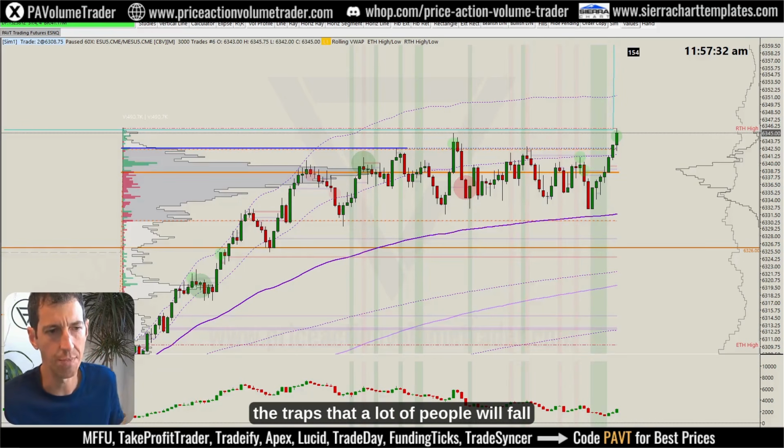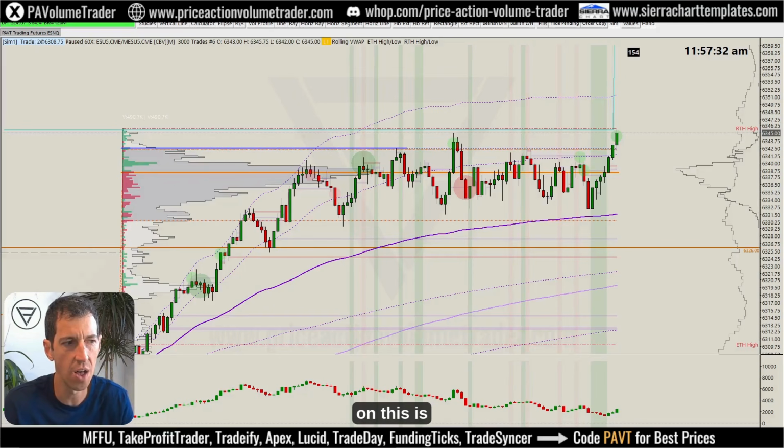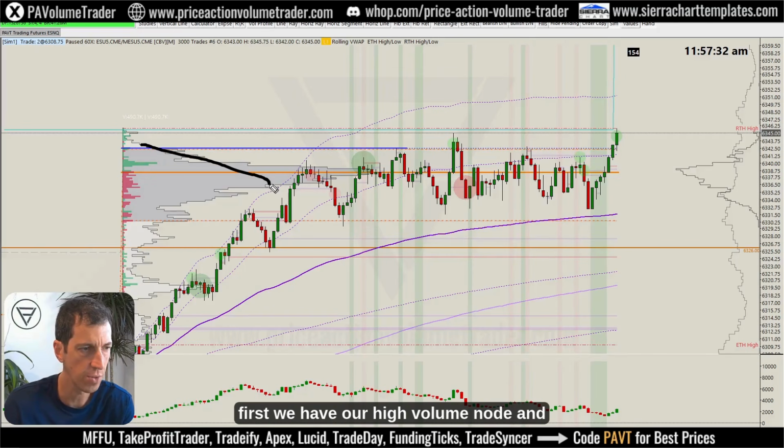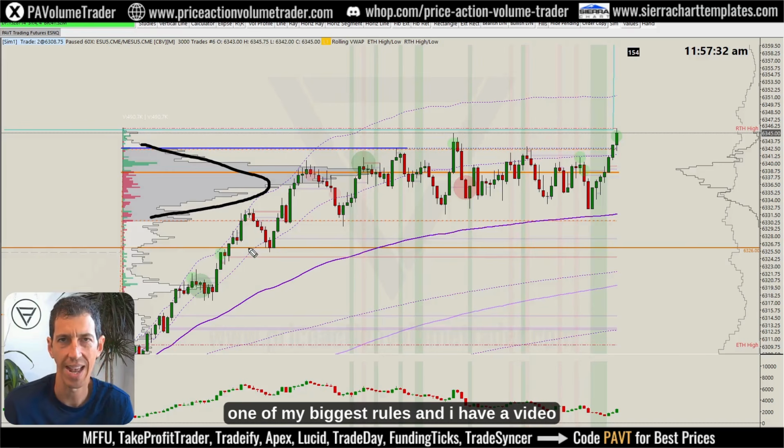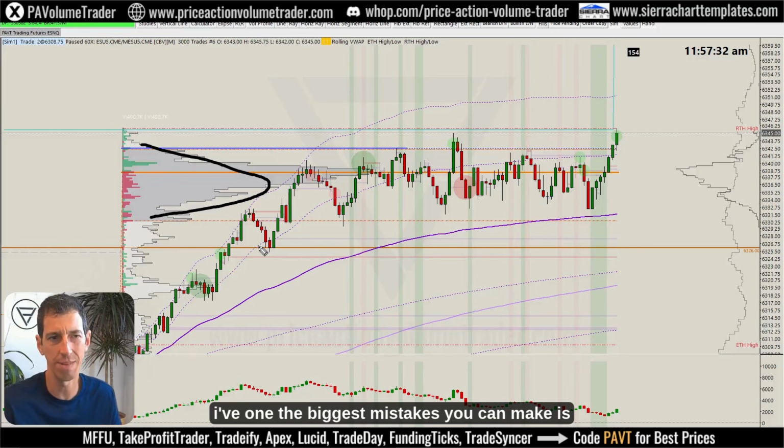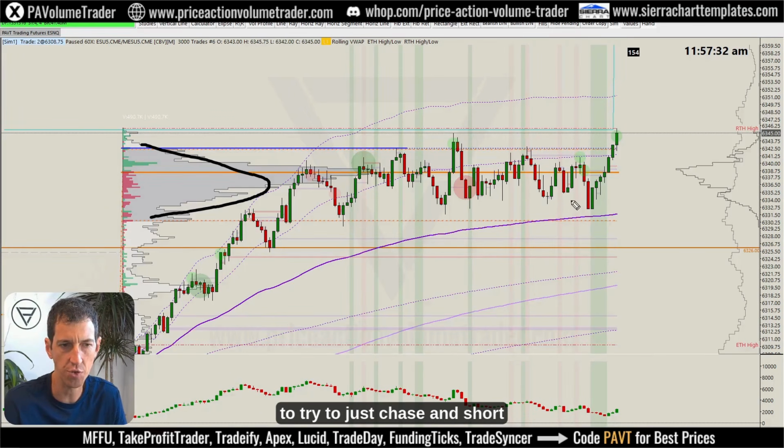One of the traps that a lot of people will fall for is, first we have our high volume node, and one of my biggest rules, and I have a video on this, on the biggest mistakes you can make, is to try to just chase and short the bottom edge of a high volume node.